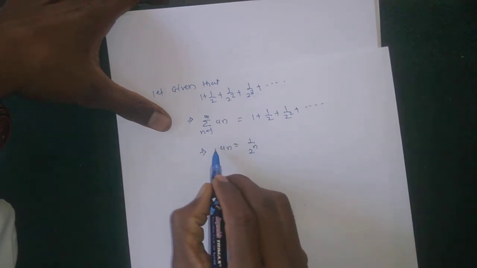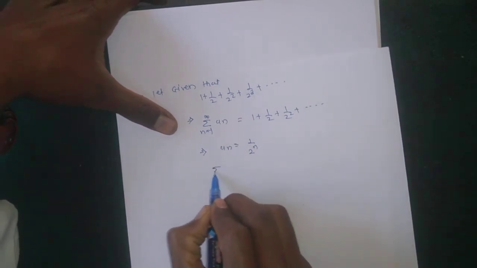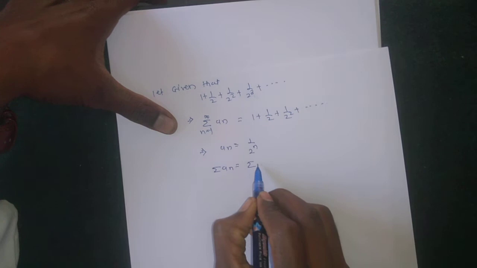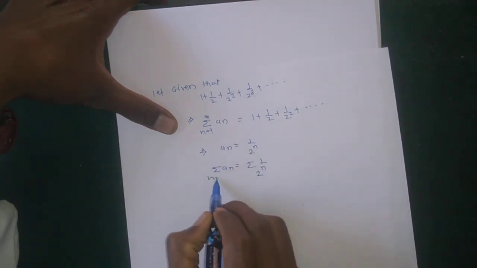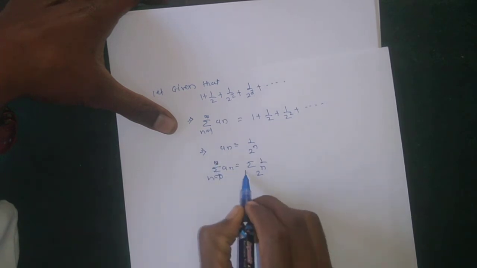That is, if we take the summation of an equal to 1 upon 2 raised to n, where n runs from 0 to infinity.